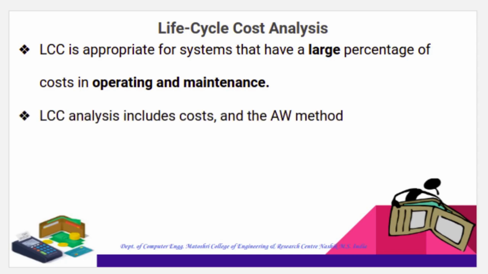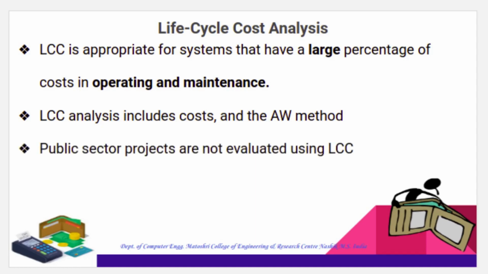Most commonly, the LCC analysis includes the cost, and the AW method is used for analysis, especially if only one alternative is evaluated. Public sector projects are usually evaluated using a benefits cost analysis rather than LCC analysis, because the estimates to the citizenry are difficult to make with much accuracy.